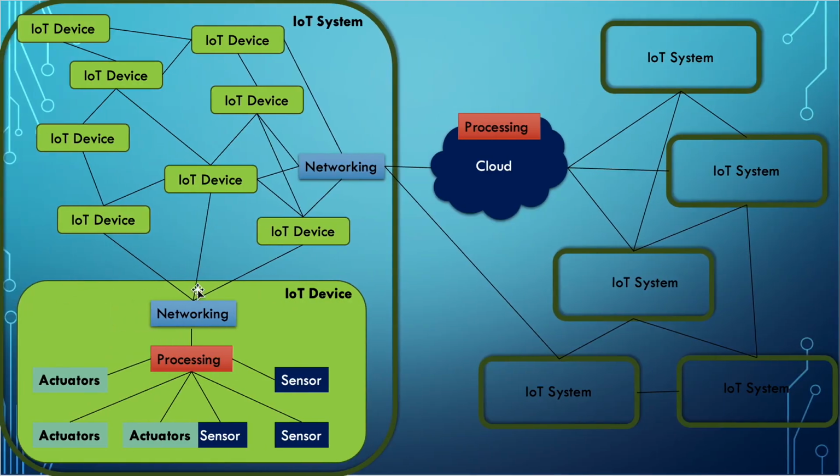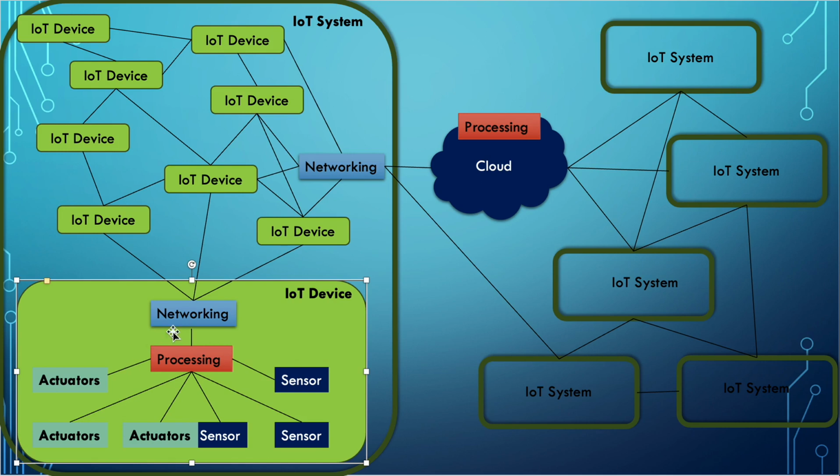So we can use those networking apparatus to connect to other IoT devices, right? If you take a building which has multiple IoT devices, it could be hundreds, right? Each and every network device, so this is one network. Inside each and every IoT device, it would look like this, right?